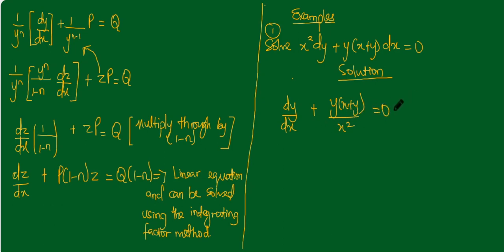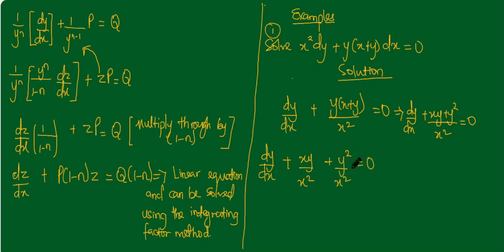So we can simplify this to give dy/dx + (xy + y^2)/x^2 equal to 0. So our dy/dx + xy/x^2 + y^2/x^2 is equal to 0.